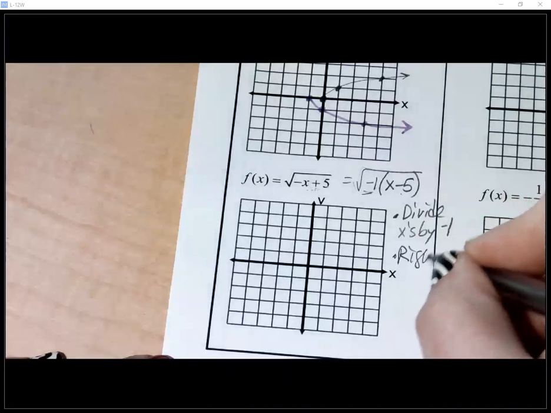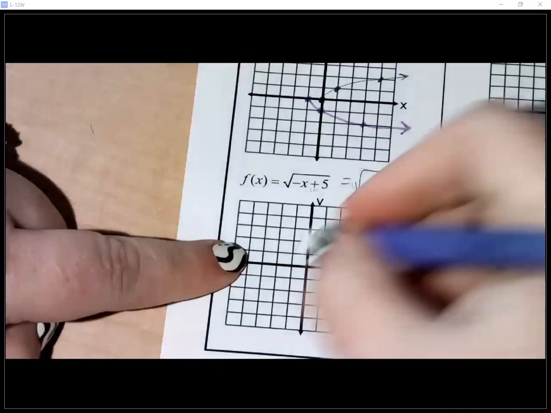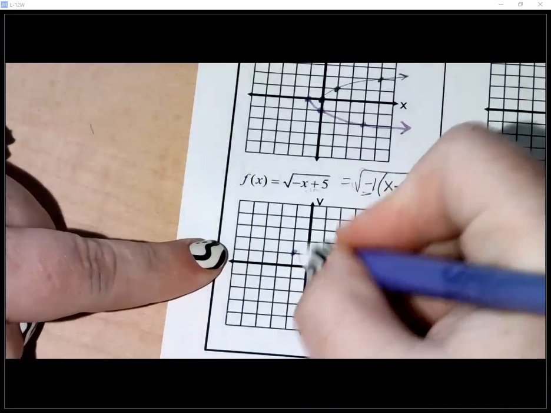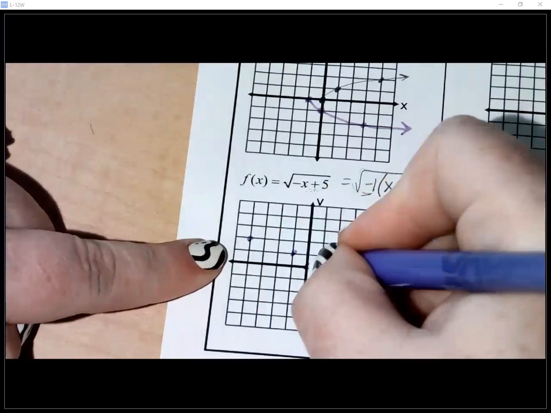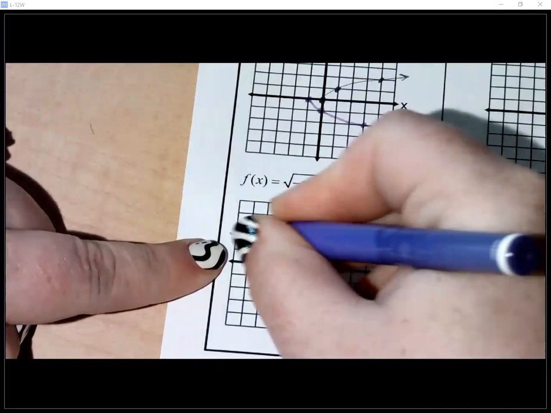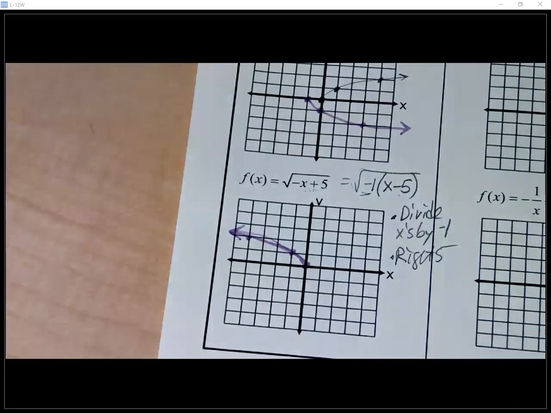Check your work. So if I divide all my x's by -1, that's going to give me this graph. It's going to go backwards this way. There's that first step. And now I pick that up and I move it to the right 5.